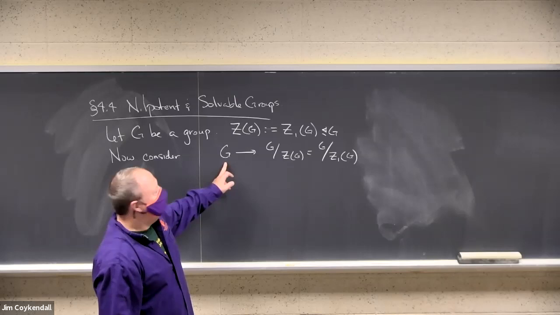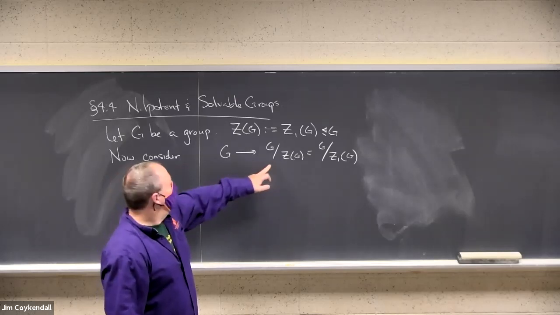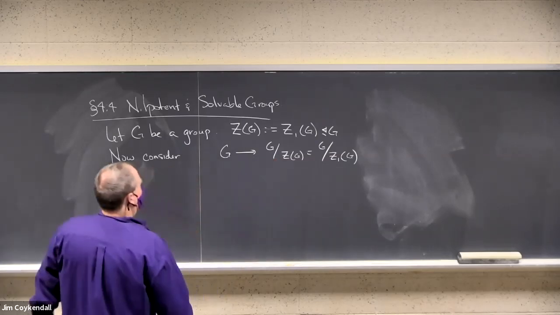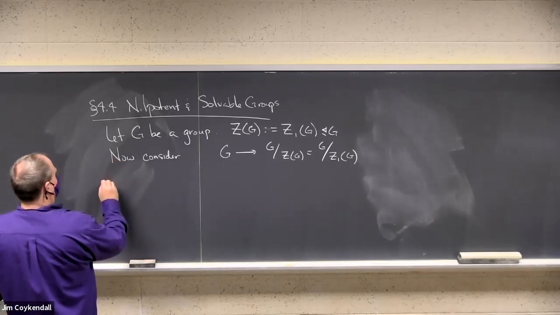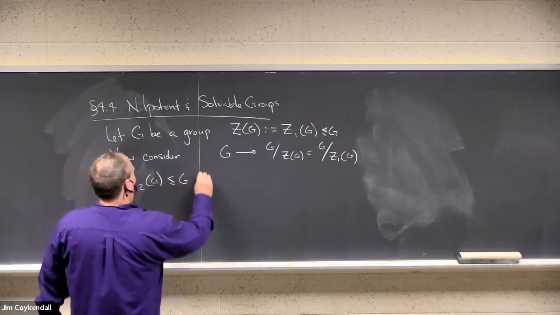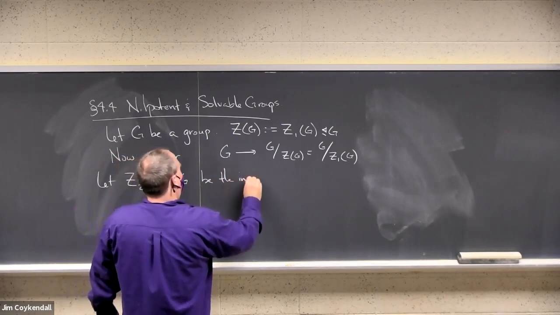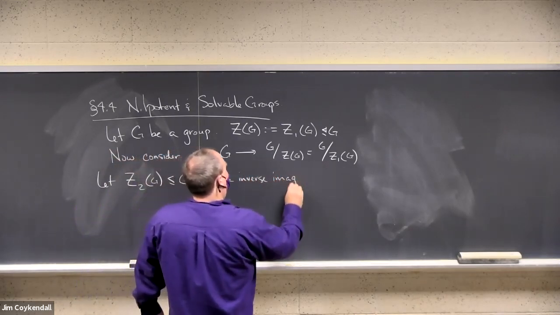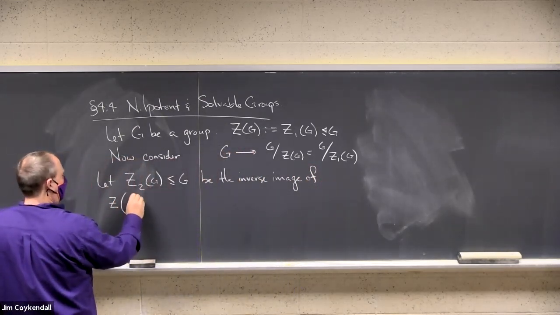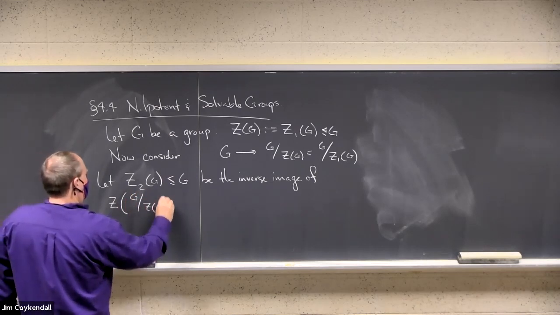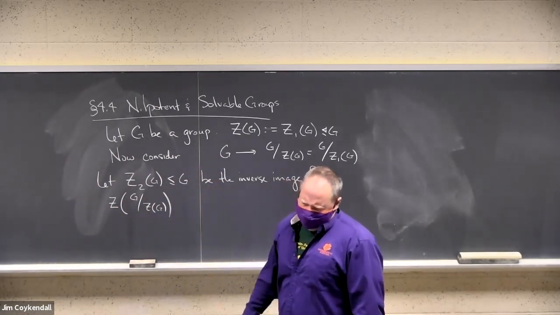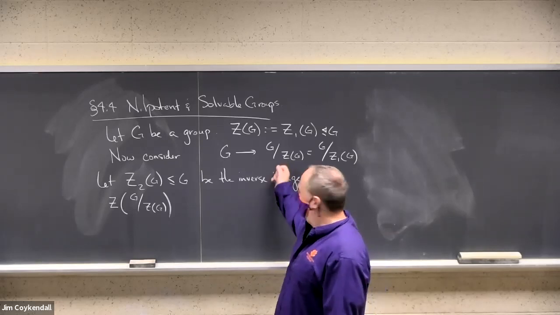Consider this canonical homomorphism where every element of G goes to its coset gZ(G), and let Z2(G) be the inverse image of the center of this.